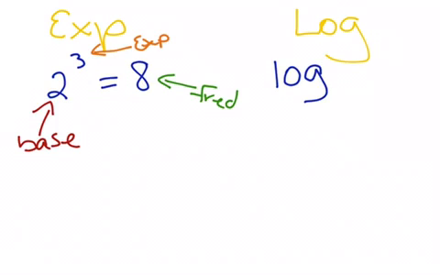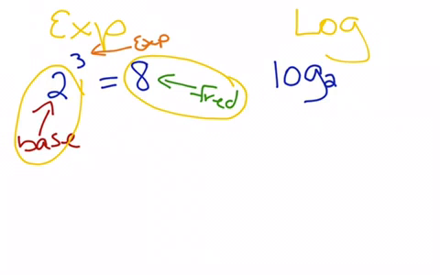Remember, I put my base first. So I put my 2 down here, as a small subscript number so we don't get it confused with Fred. Next comes Fred.